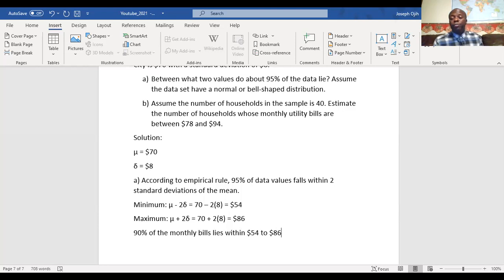That means 90% of people in Baltimore City paid between $54 to $86 for their utility. Based on this data set, the actual amount might change depending on the type of data sets we have.